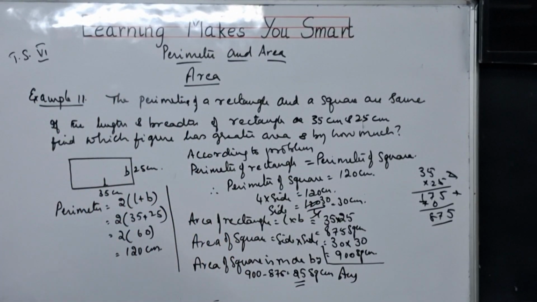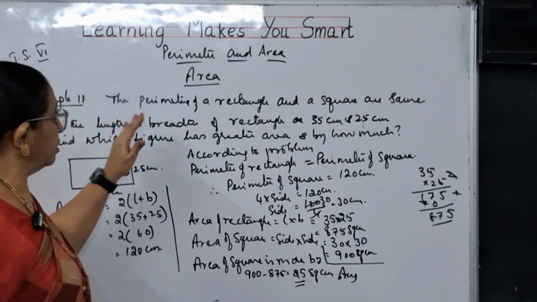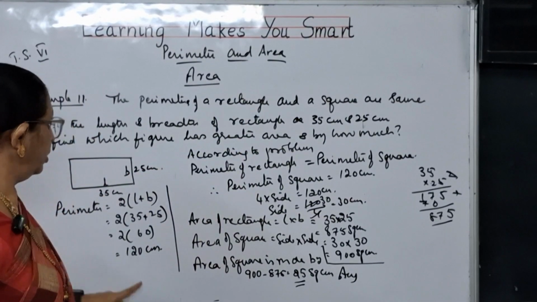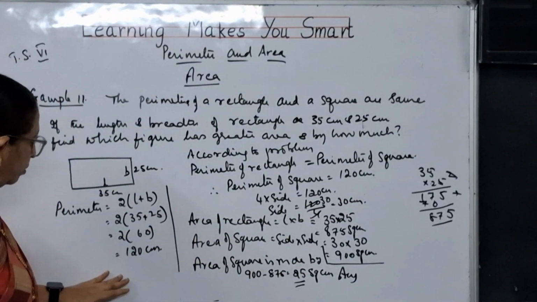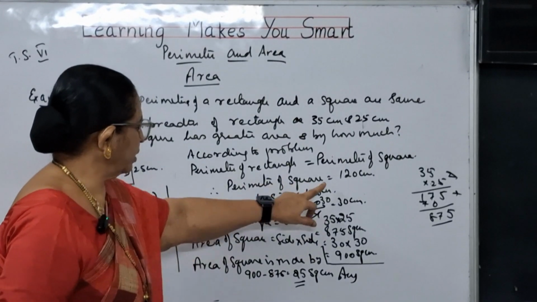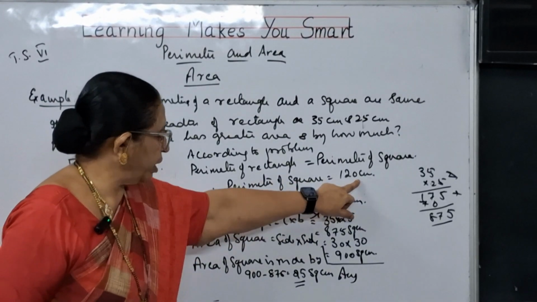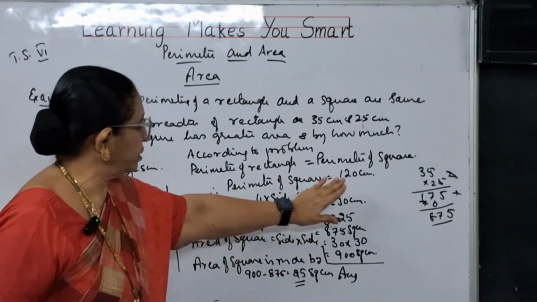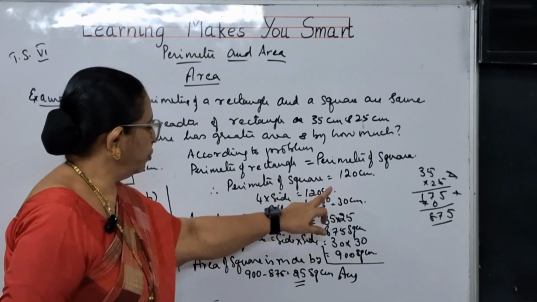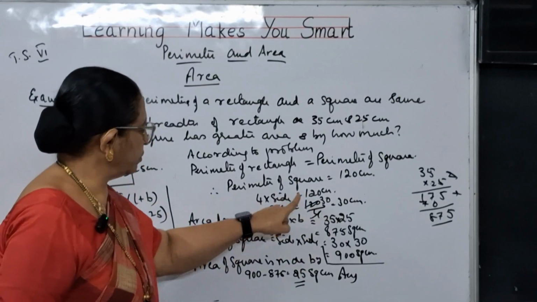I hope I am clear to you. Directly they have not given the measurement of the square, but what they have given in this problem is that the perimeter of both are same. So first we have taken the perimeter of rectangle, and with the help of this we could find the side. Perimeter of the square also is same, so the perimeter formula is 4 into side, which is 120.